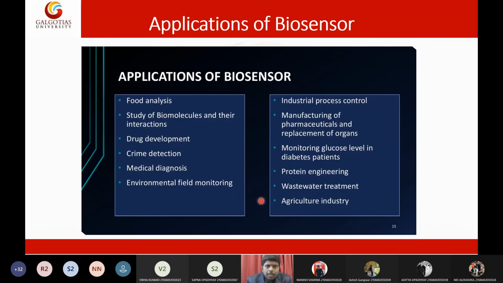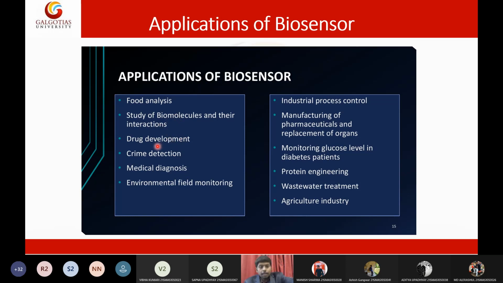Then applications of biosensors. Many applications are there, not one or two. Like they can be used in food analysis. They can be used to study biomolecules and their interactions. They can be used for drug development.